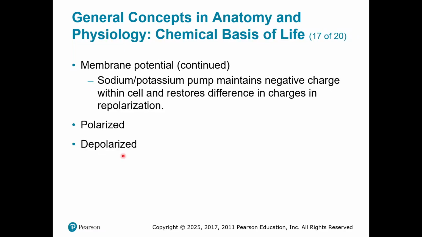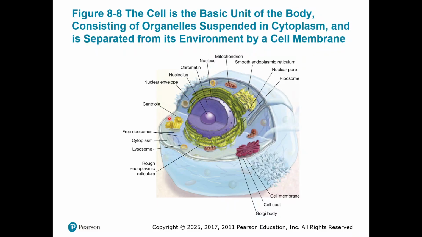Then you have repolarization, and that occurs as the difference in charges is restored. So I'm going to show another video here shortly to explain that. All right. Here it is. It's the cell.